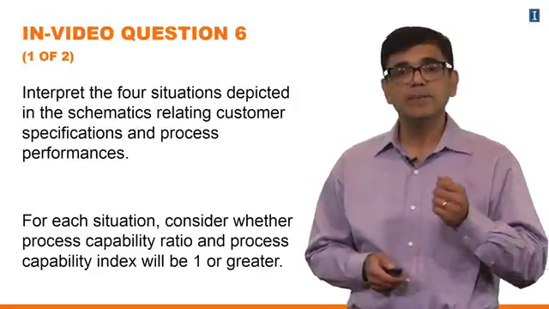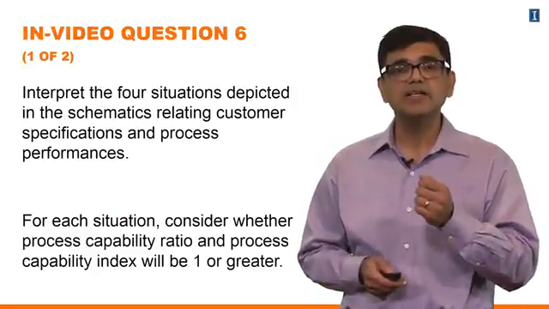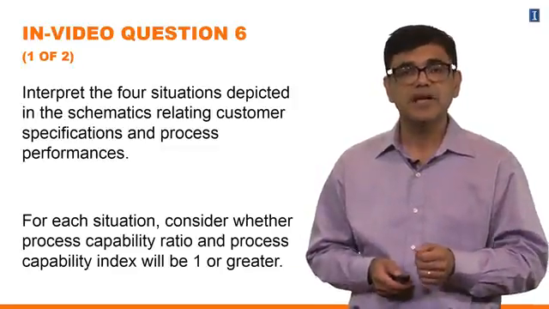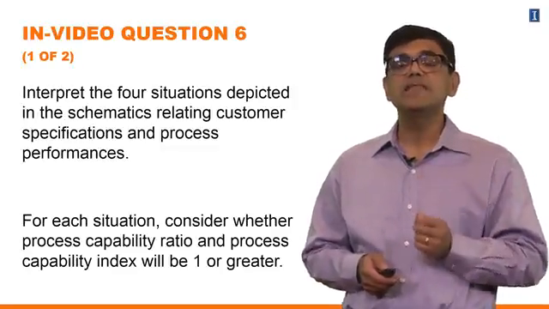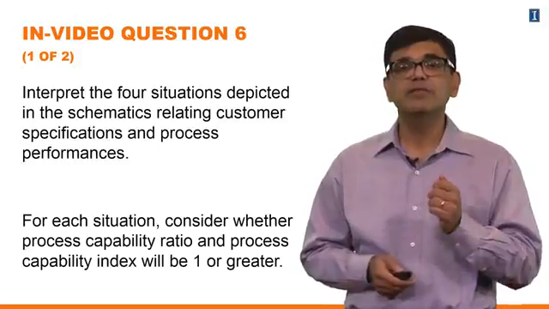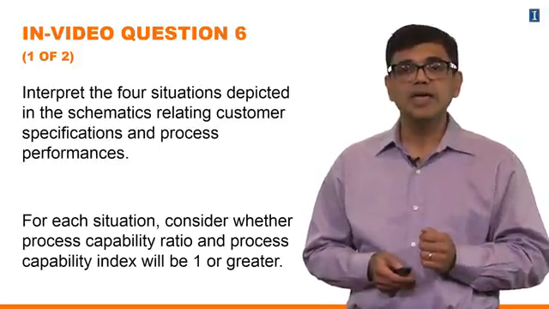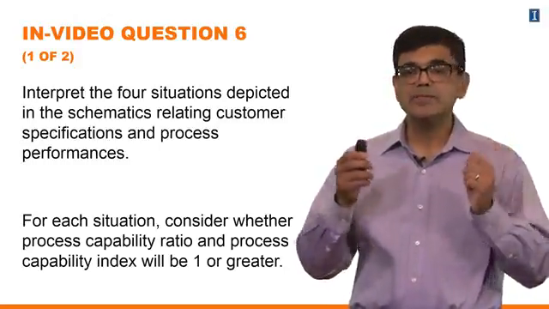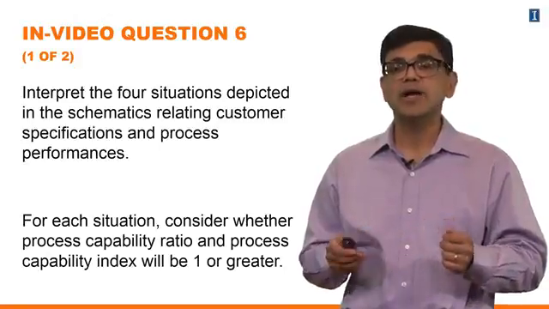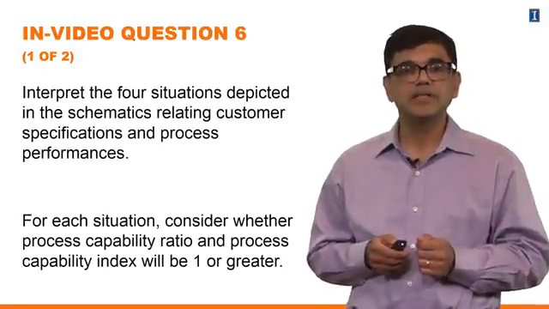All right, so let's take this and try to apply it in terms of different scenarios. What you'll see in the next slide is 4 different situations based on customer specifications and process distribution being depicted.